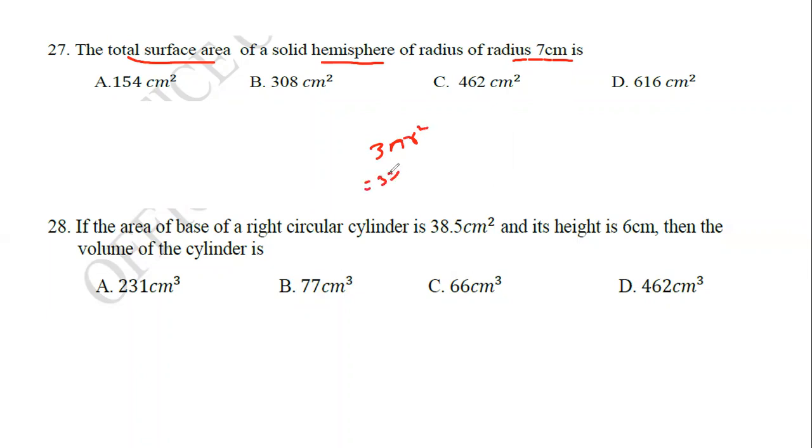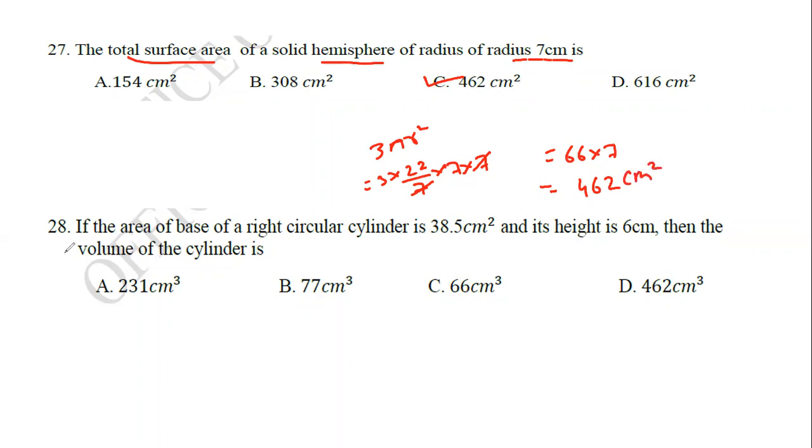So 3 into 22 by 7 into radius, the given radius 7, 7 into 7. 7 7 get cancelled. 22 into 3 is 66. 66 into 7 will give 462. Which option is right? Option C is correct. And the square centimeter unit is also very important.